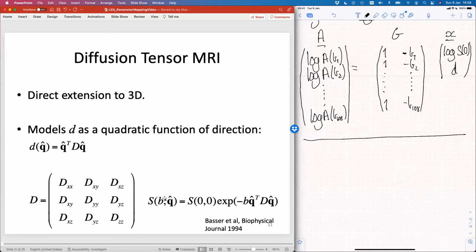And doing that, I can then write log of S(B, Q hat) is log of S0 minus B times this quadratic form that we've written.